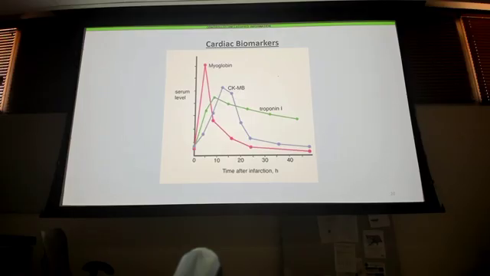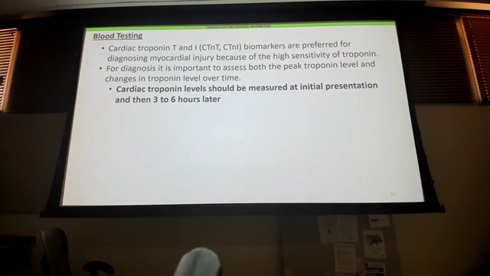So you're able to detect it much earlier and much longer than some of the other things we could test for. But because of that peaking nature, you can't just take one blood test and if it's normal, say this person doesn't have it. You've got to repeat that troponin a couple hours later to see if you see that rise in the value. It could be that you just took it too soon to detect that rise in the troponin.